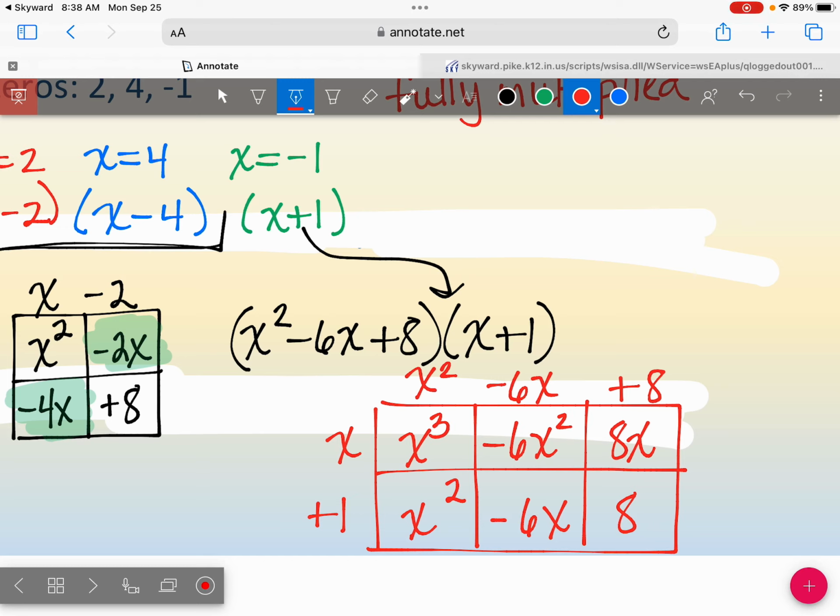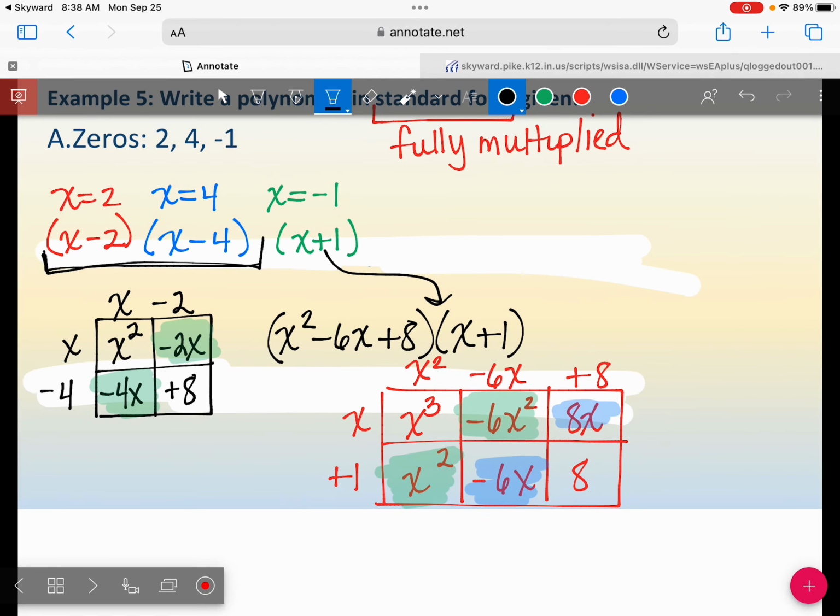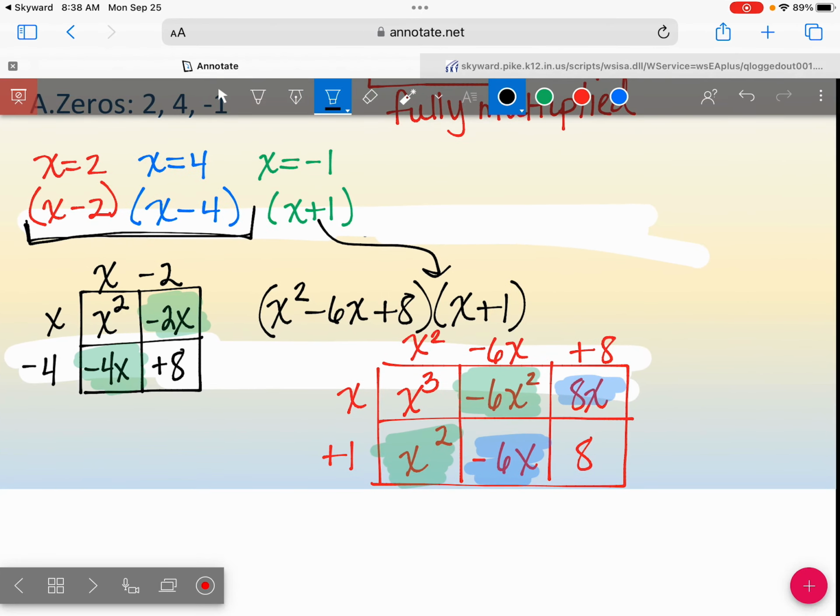All right, who had that in their 6 squares? Go ahead and check that. And I do like the box for multiplying 3 by 2s. So these two are like terms. We can add those together. And my x's. So my final answer is y equals, and I have x cubed.